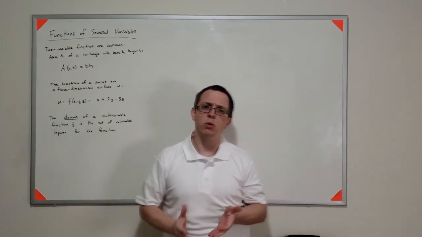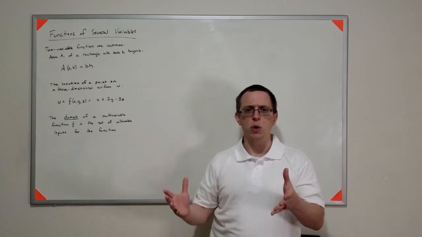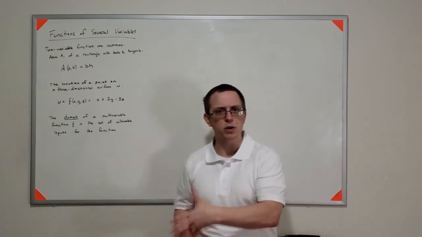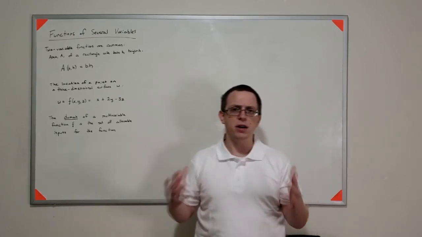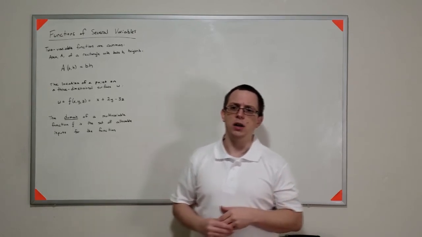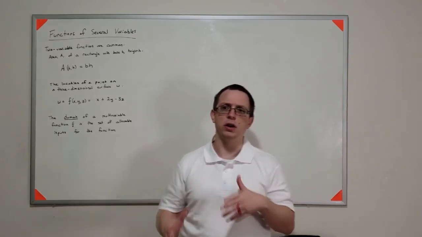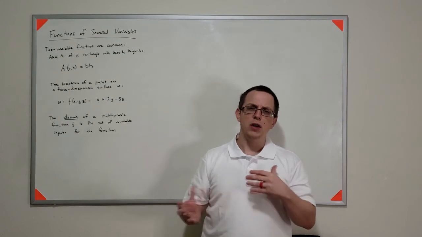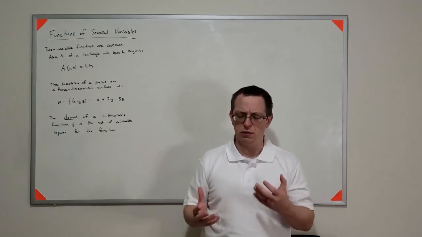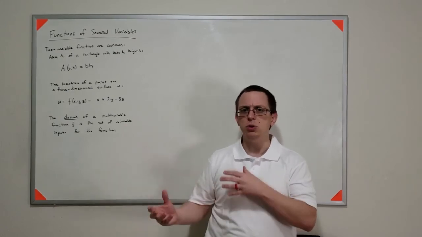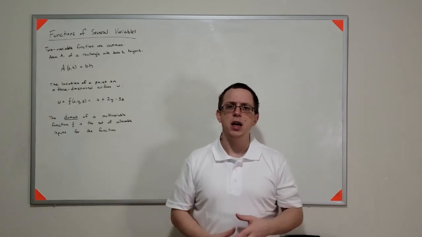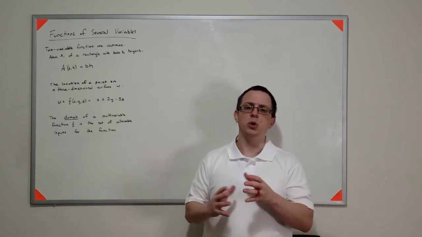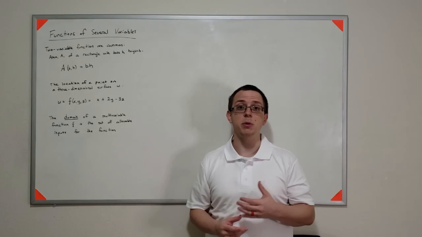And those are the typical values. Think like for a square root, we can't put negative values into a square root, or we can't divide by 0. You can't take the natural log of 0 or a negative number. Those sorts of categories. And so we'll use that to determine the domains, and we'll do some examples to look at some multivariable functions and see what those domains are.